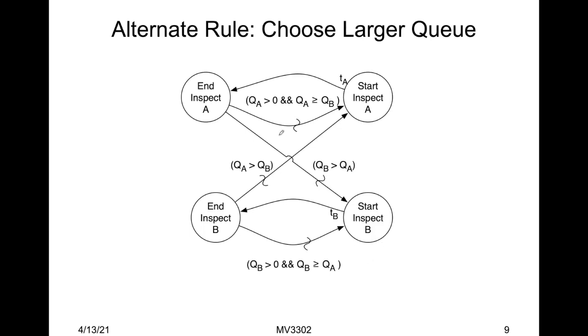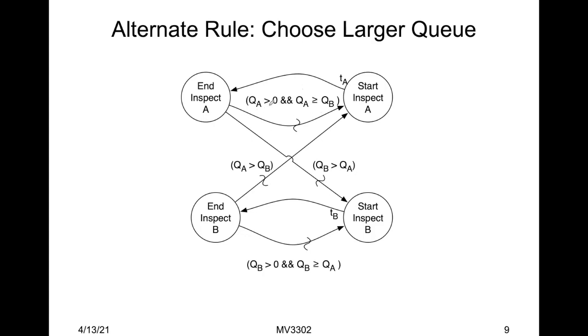How would I implement that in the event graph? Okay, so I finish inspecting an A. Now I need to figure out what happens if they're exactly equal. The extra tiebreaker rule is if they're equal, I'll stay with what I'm doing because it doesn't really matter. Another alternative is I could just flip a coin. But if I've just done an A, I'll do another A if they're exactly the same.